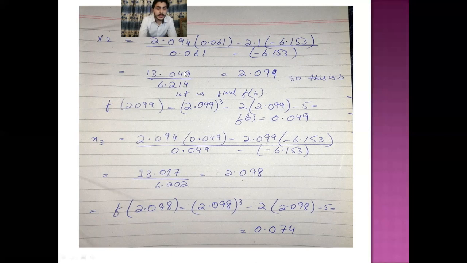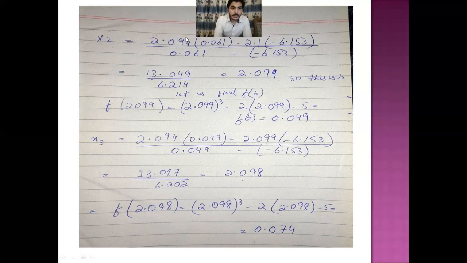So here is also the function of b and that is the function of a. So I have multiplied them, and the answer I got multiplied and divided also. No, sorry, I have multiplied them and the answer I got this, and I have divided it, and the answer I got is 2.099.